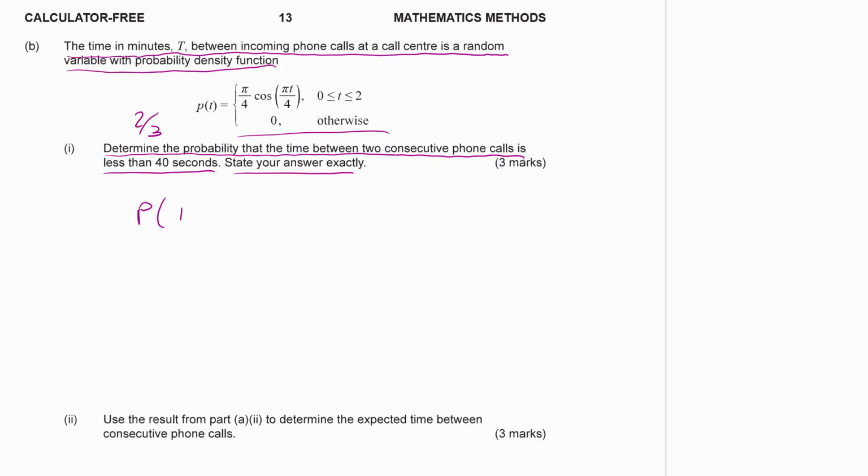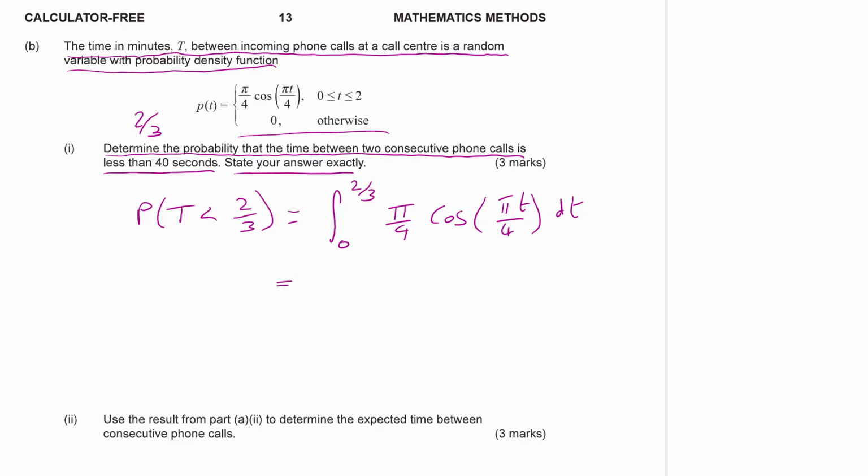So we want the probability of time being less than 2/3. So for a continuous random variable, that's an integral. It's going to be the integral from 0 to 2/3 of pi by 4 cos pi t by 4 dt.